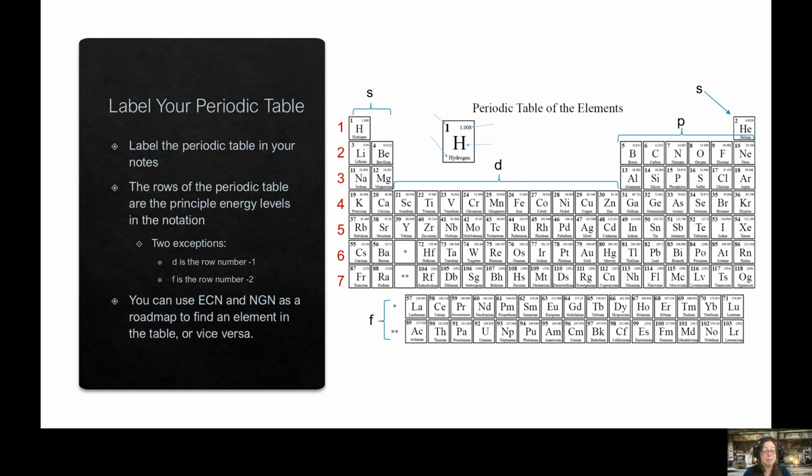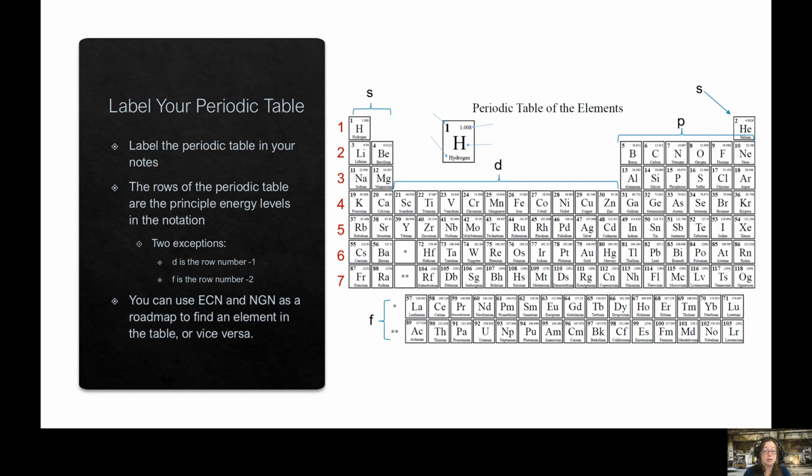D block elements, their principal energy level is 1 less than the row that they're in, and F is 2 less than the row that they're in. You can use electron configuration notation and later noble gas notation as a roadmap to find elements on the table, or you can use where they're at on the table to figure out the notations as well.